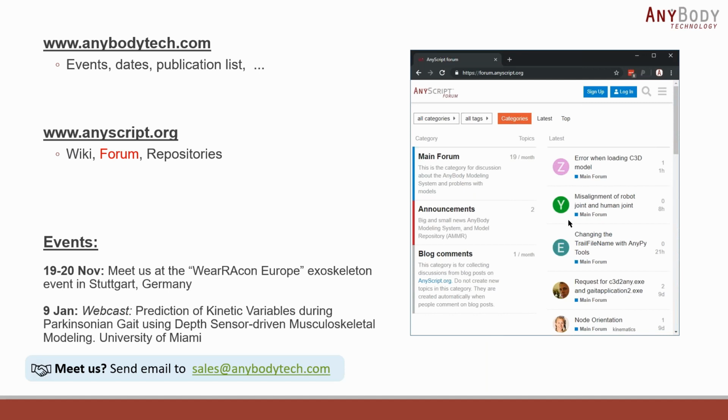Another question that came in: what were the challenges in modeling scapulothoracic motion? It's very general. Obviously we have a model, but just modeling scapulothoracic motion is a challenge.